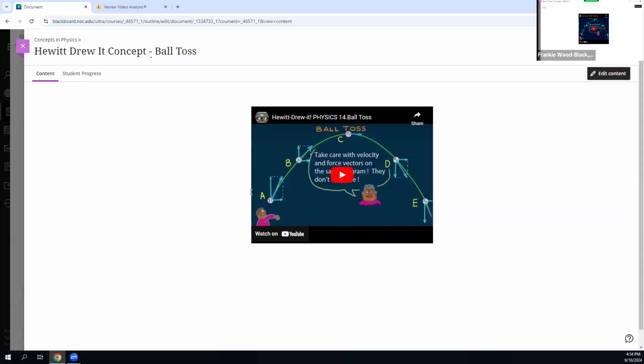My y direction vector changes. Because remember, my change in y is going to equal my initial velocity in the y direction times time plus 1/2 the acceleration times time squared. We're getting that same equation of motion that we've been dealing with all along.